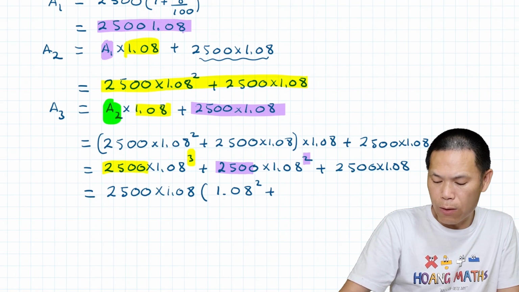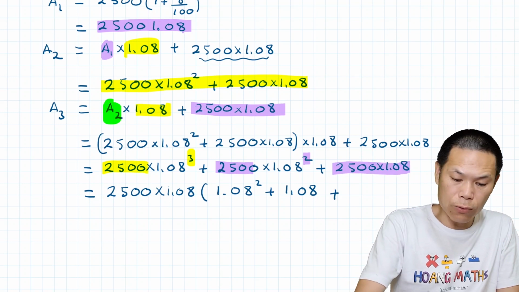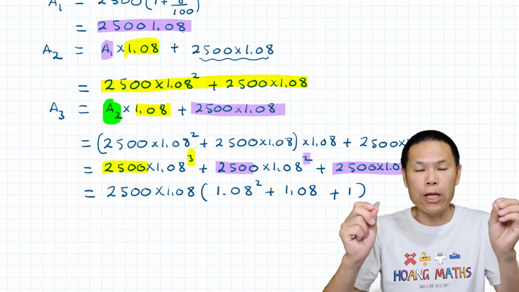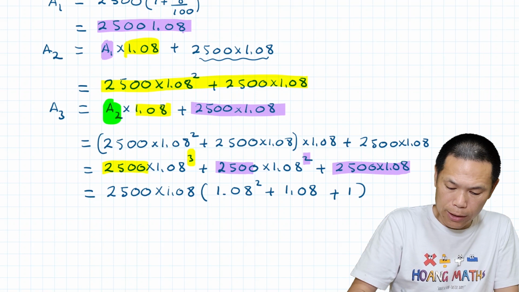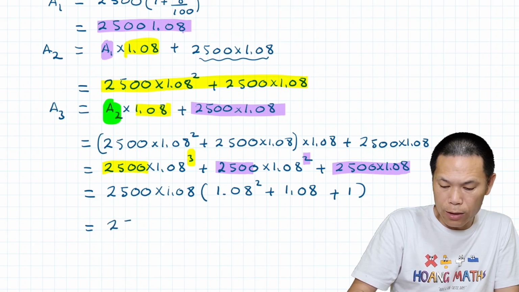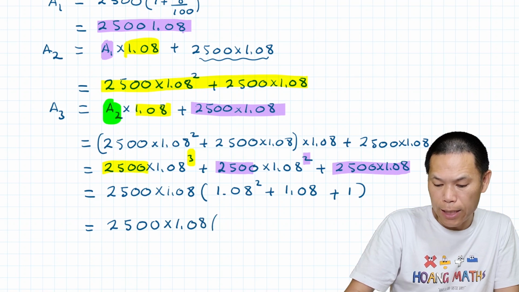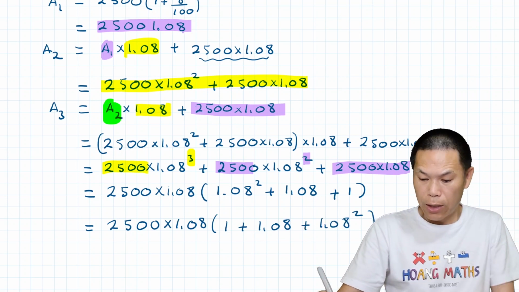So now left with 1.08, and we add, and the common factor of this, we took the whole lot out, so remaining 1. So there you go. Let me just rewrite in order, so it makes it easier for us, okay? So now that is equal to 2,500 times 1.08. We add 1 plus 1.08, plus 1.08 squared. So there you go.